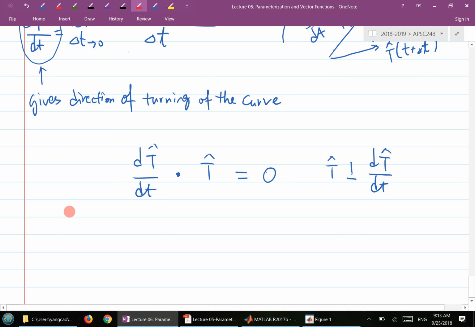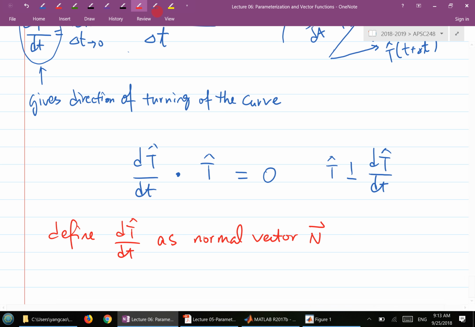Then I'm going to define dT hat over dt as the so-called normal vector. Now, you have to be very careful. T hat is a unit vector, but that doesn't mean that dT hat over dt is also a unit vector. That's why I just called it a normal vector. I didn't call it a unit normal vector.